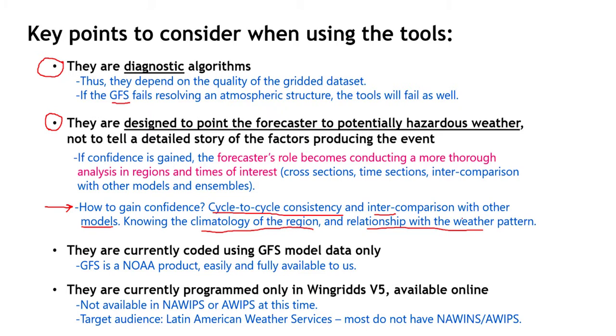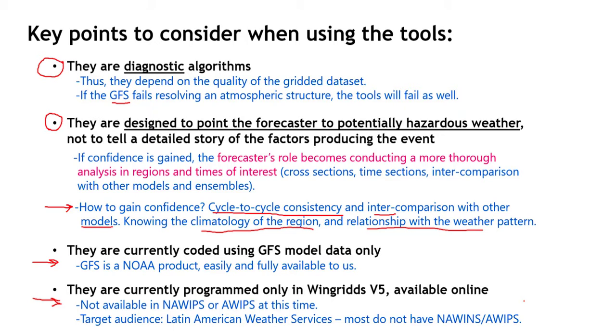All right. As I mentioned, they're currently coded using the GFS model data only. So GFS is a NOAA product and is very easily available to us and fully available as well. They're not coded in other models yet. And they're currently programmed using only wind grids and available online.